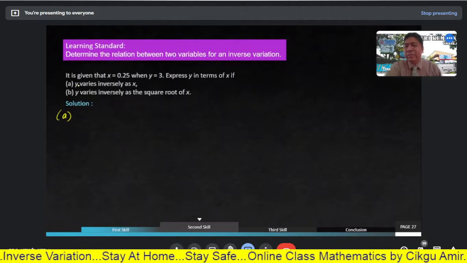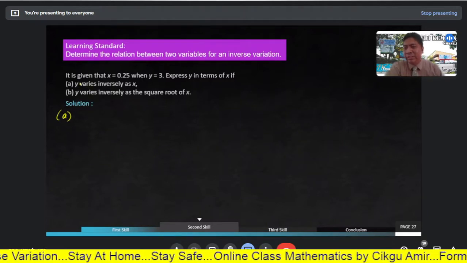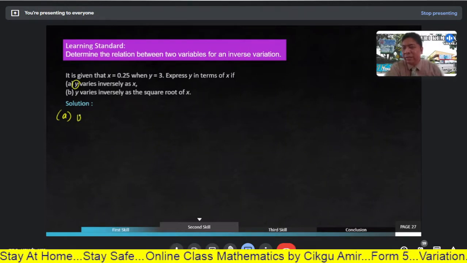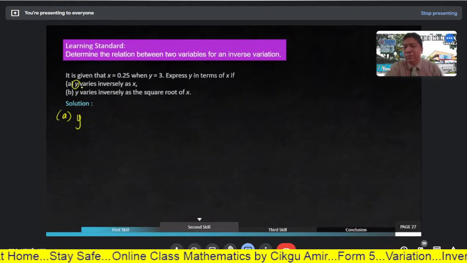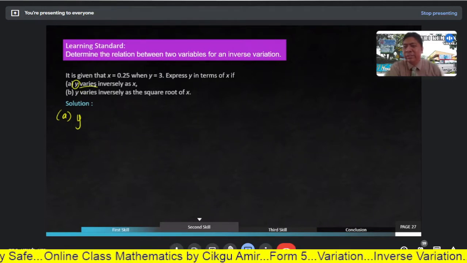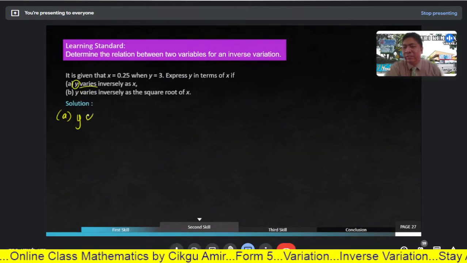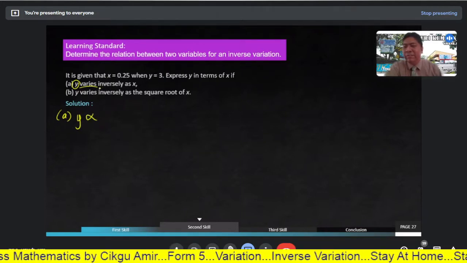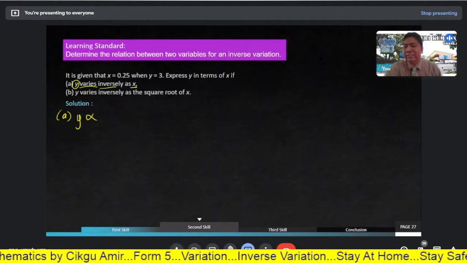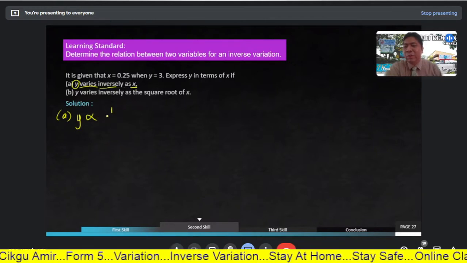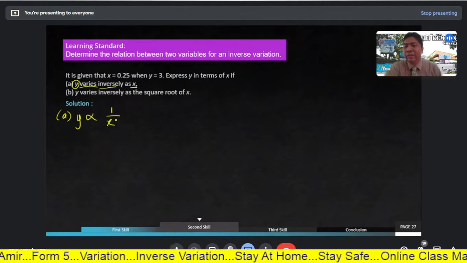So in the variation equation, we have variable y here, so we write y. We have the word varies here, so we put a symbol of variation. Inversely as x, so there will be 1 over x.